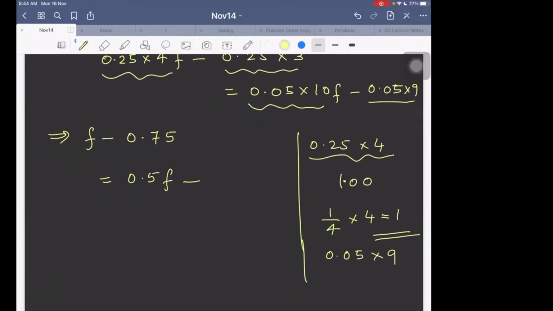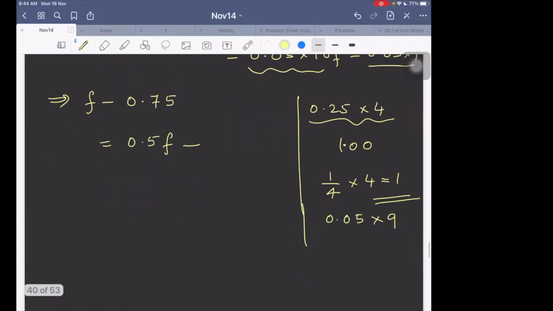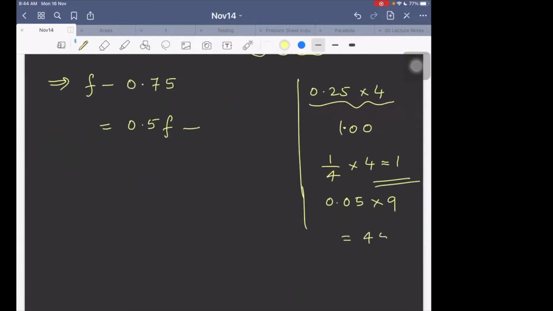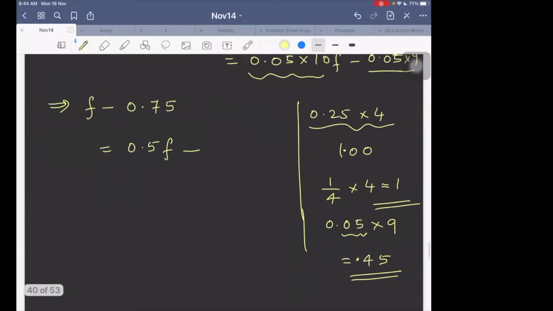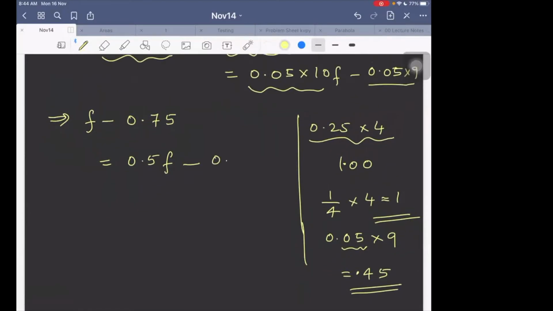Assume as if there were no decimal points. So this is nothing but 5 into 9, which is 45. Now bring back the decimal point. So that is 0.45. This is clear for you? Clear?